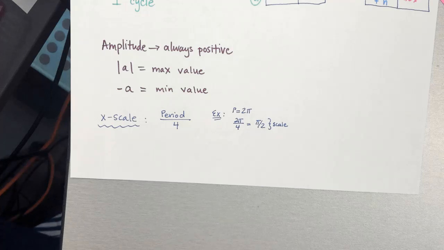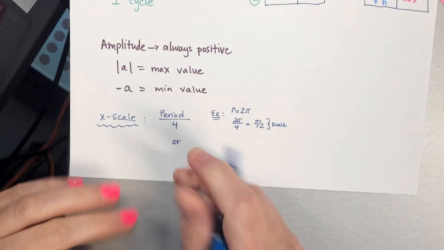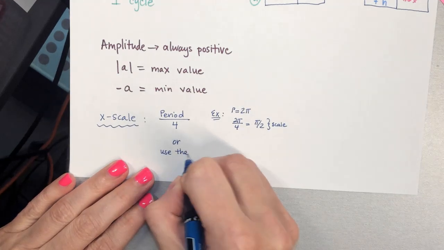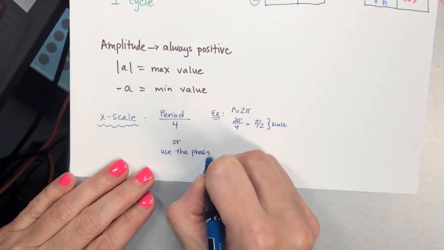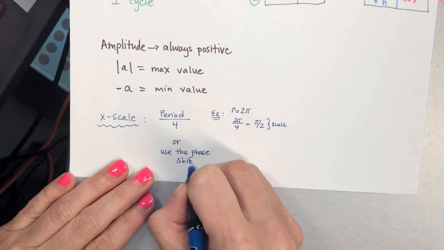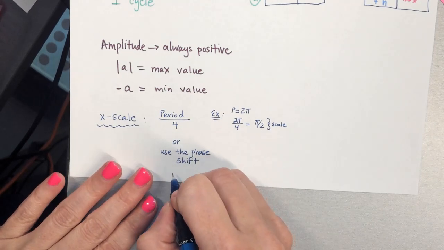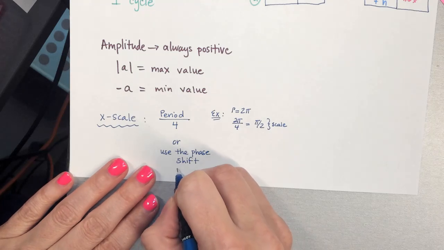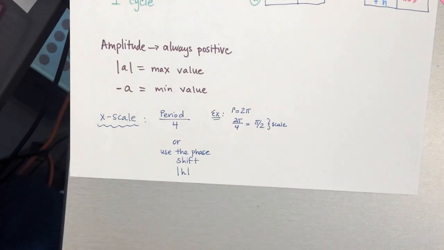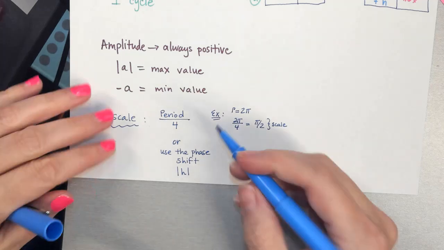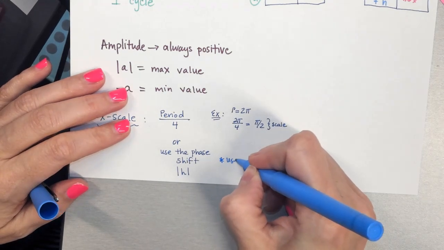If you have a phase shift, you can also use your phase shift, which is really the absolute value of H. So if you have negative pi over 2, you could go by pi over 2. Generally, you're going to use the smaller value.